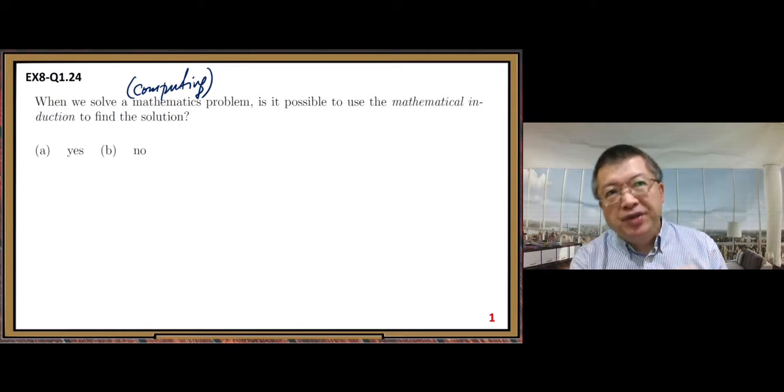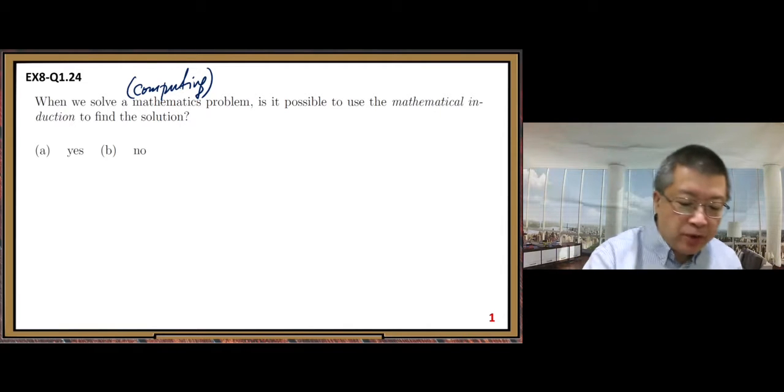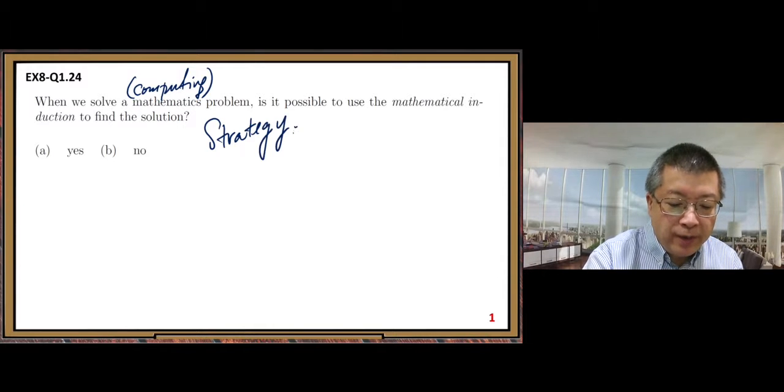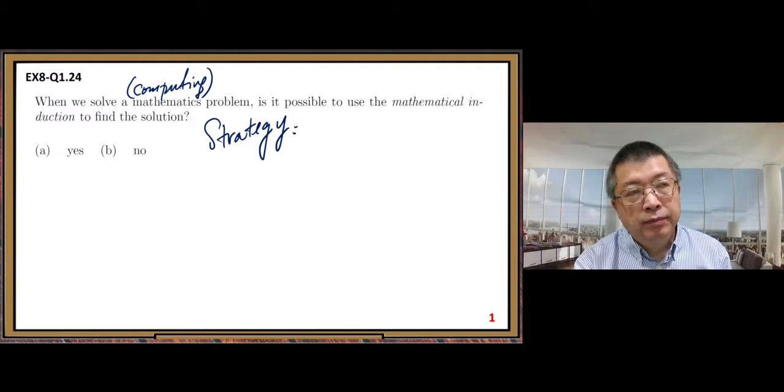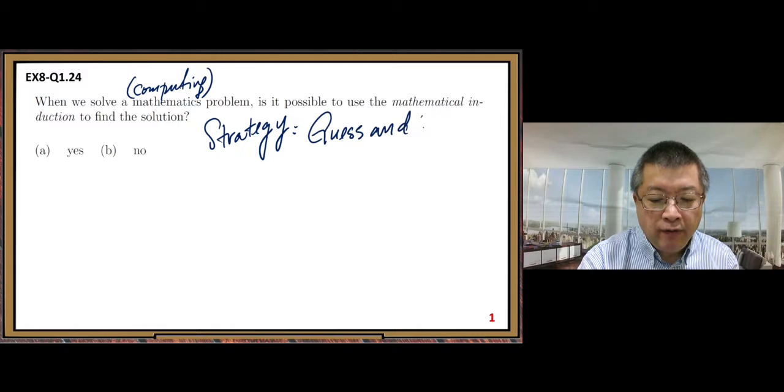This question is designed to check if you understand one important strategy we used in problem solving: guess and verify. That strategy we apply many times. Guess and verify.